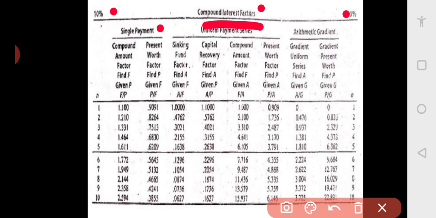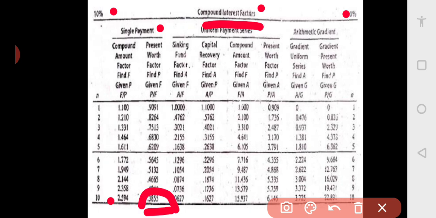Now you can see the year he has given, 10 years. So this line is for 10 years. Now you got that value for 10 years, 10% for 10 years. The salvage value, now we have taken the value as 0.3855. You can see this value 0.3855.